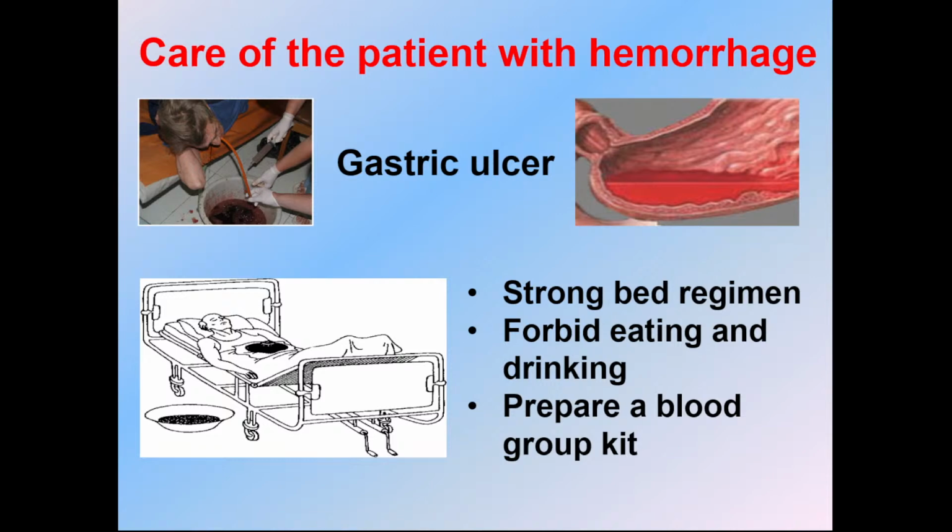In the first hours after bleeding, we forbid eating and drinking. We obligatorily prepare a blood group kit because the patient may need a blood transfusion, and we'll put an ice bag on the abdomen because we remember cold procedures constrict vessels and decrease bleeding. The doctor especially prescribes the patient some medicines which stop bleeding and intensify blood coagulation.